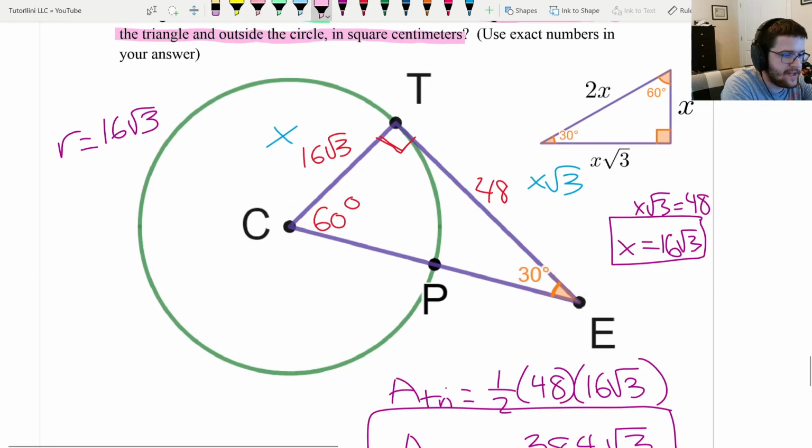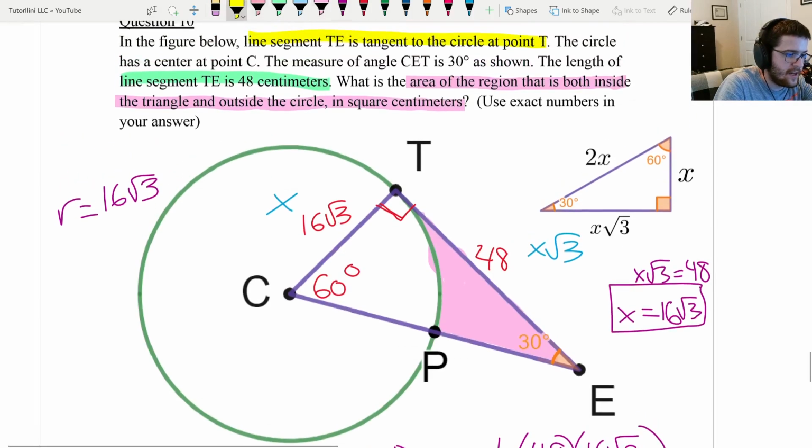So that is this. We have the whole area of the triangle. So if we now find whatever this is, we can take it away from the area of the triangle and get our answer.